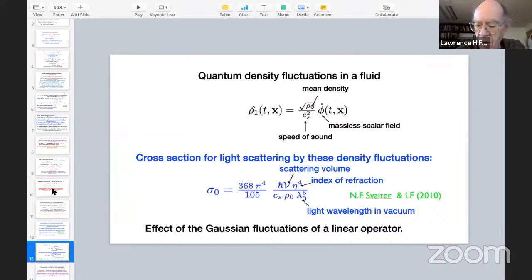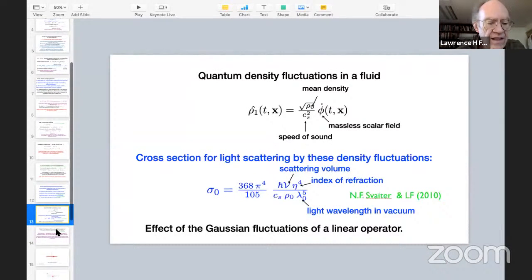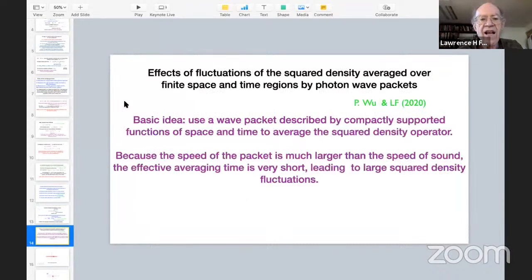But today I want to tell you about another effect, which is the fluctuations of the squared density, which are the result of averaging over a finite space and time region by finite size photon wave packets, which is some work in a recently published paper with Peter Wu that just came out a couple of months ago.